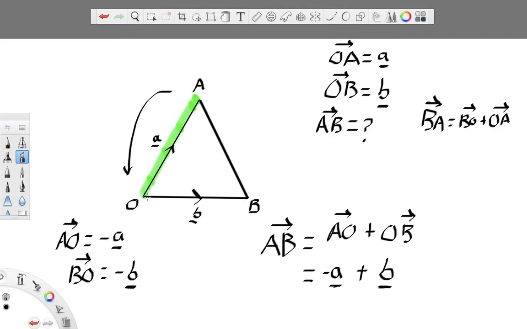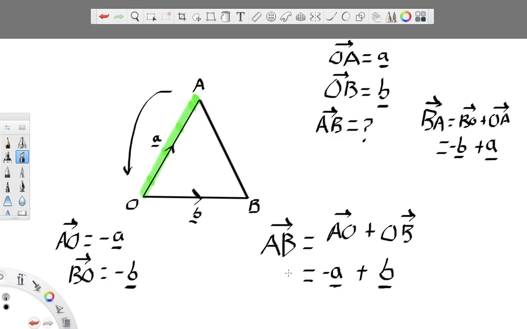Well, from left to right it was positive B, but we're going in the opposite direction, so it would be the vector minus B. And then O to A, well that was just the vector A. So we're adding A. So that would be the vector B to A.